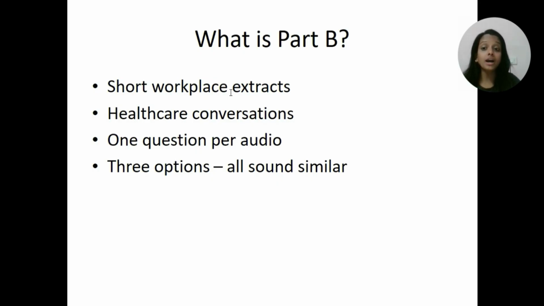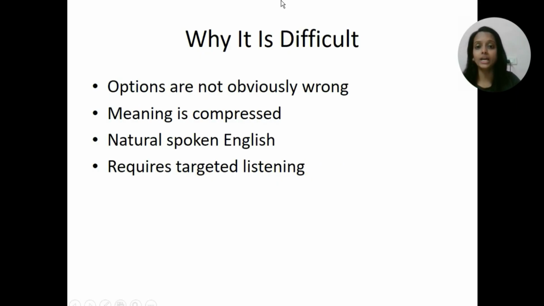It rewards targeted listening. So you have to ask yourself, what is the speaker's main purpose right there? What is the key message the listener is supposed to take away? What is the practical intention behind these words? And that is exactly why this section feels deceptively simple.